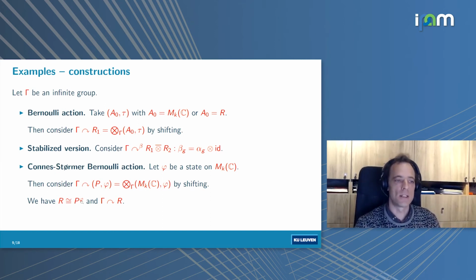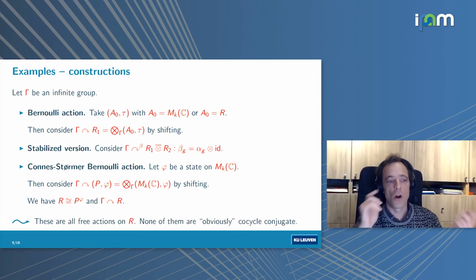Now, its centralizer, though, is a II_1 factor, and it's a copy of the hyperfinite II_1 factor. And since the shift, still the same shift by left shifting the tensor factors, is preserving the state phi, it will induce an action on this centralizer algebra. So again, we have a nice example of an outer action of gamma on the hyperfinite II_1 factor. We know that all of these, if gamma is amenable, must be cocycle conjugate, but you just cannot see why this would be the case.